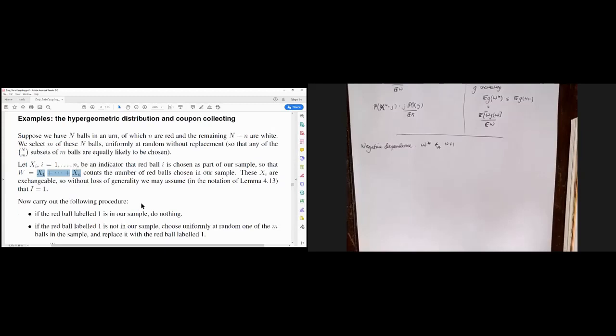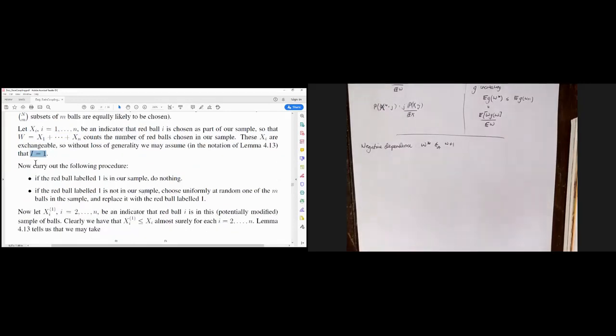I can think of picking one uniformly at random, and that might as well be called number 1, because there are no labels on them that mean anything in this problem. So we'll just assume that the one I've picked is the one labeled 1, to make the notation slightly easier.